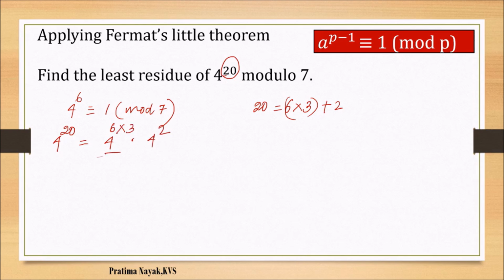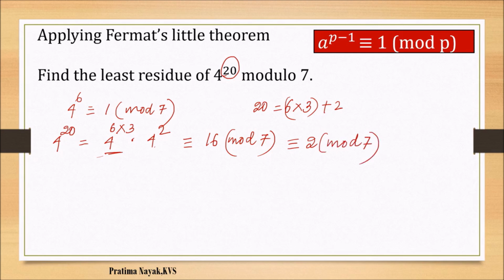This gives 1 modulo 7, so this is congruent to 4 raised to the power 2, which is 16 modulo 7. 16 divided by 7 gives remainder 2. So this is the same as 2 modulo 7. So 2 is the least residue, or the remainder.